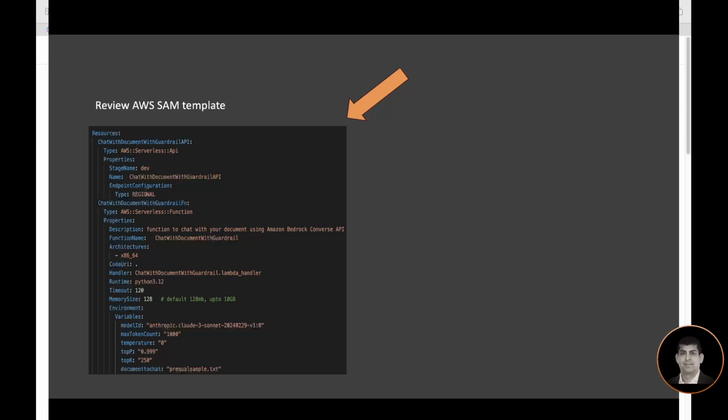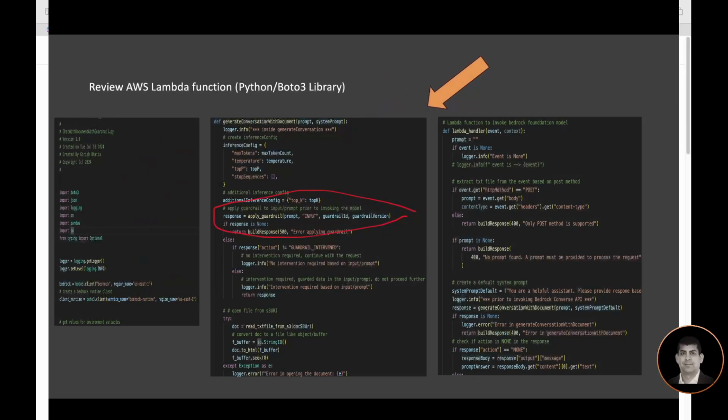So I have a model ID, the token count, temperature, the top P, and so on, the inference parameters, in my environment variables. And then I also have a document to chat, another environment variable, which is the name of the pre-qual sample data file that I'm going to use as a RAG document in this solution.